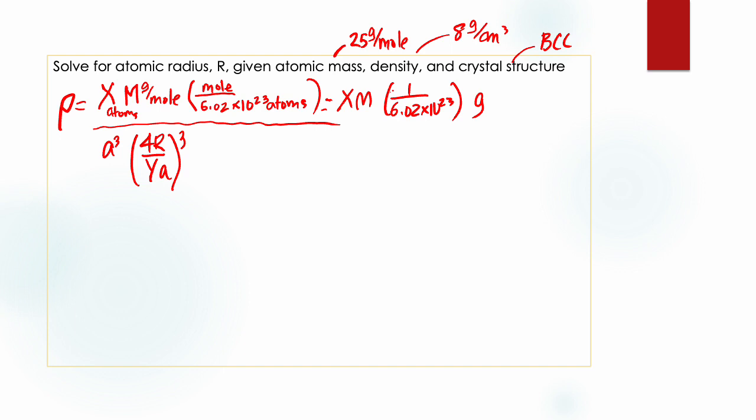Okay, so R cubed is equal to X times M, XM dividing by Avogadro's number.